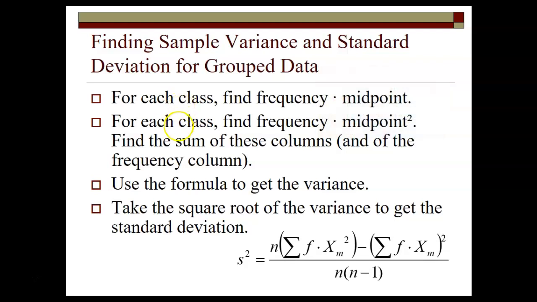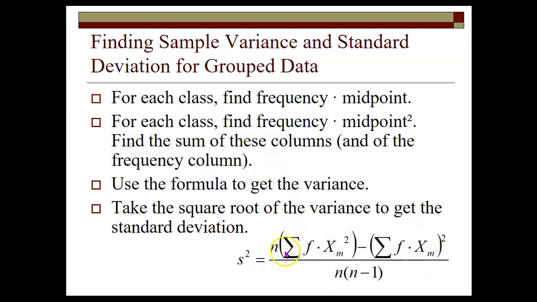So here's how you do that. For each class, you need to find the frequency times the midpoint, and we did that when we were calculating the mean. But you also need to find frequency times midpoint squared. That is frequency times midpoint. And you need to add up both of those columns and also the frequency column.